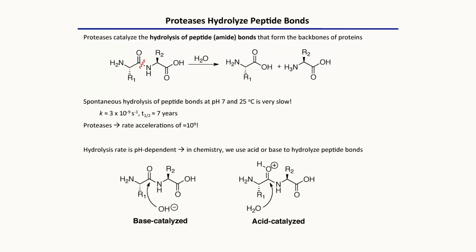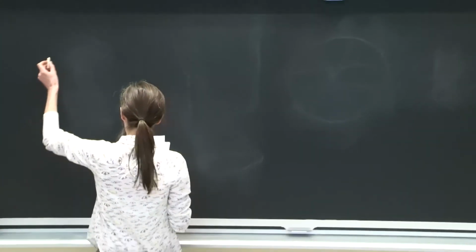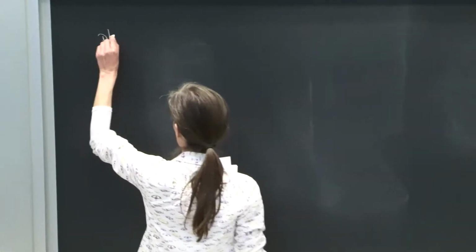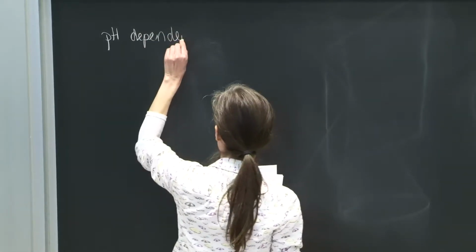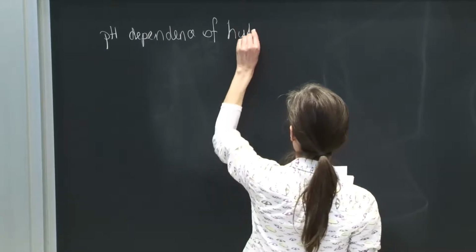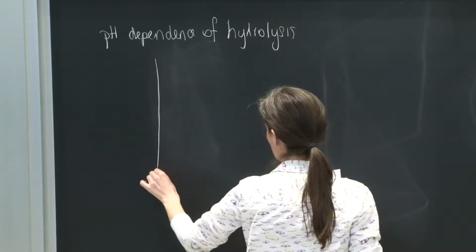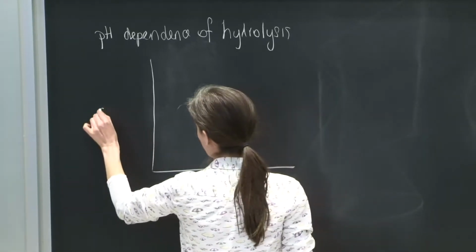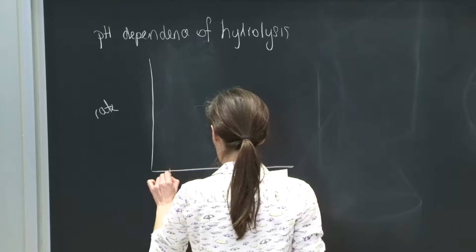Okay, so effectively we can just think about pH dependence of hydrolysis. Just if we have rate, we have pH.